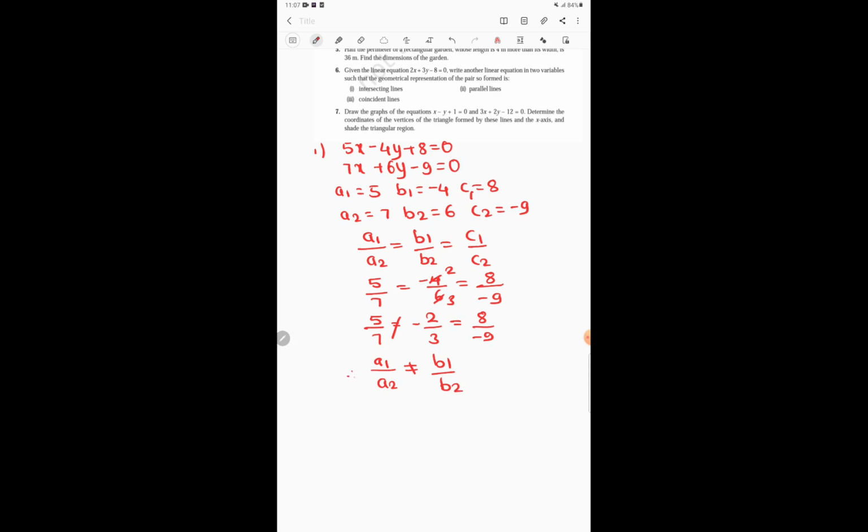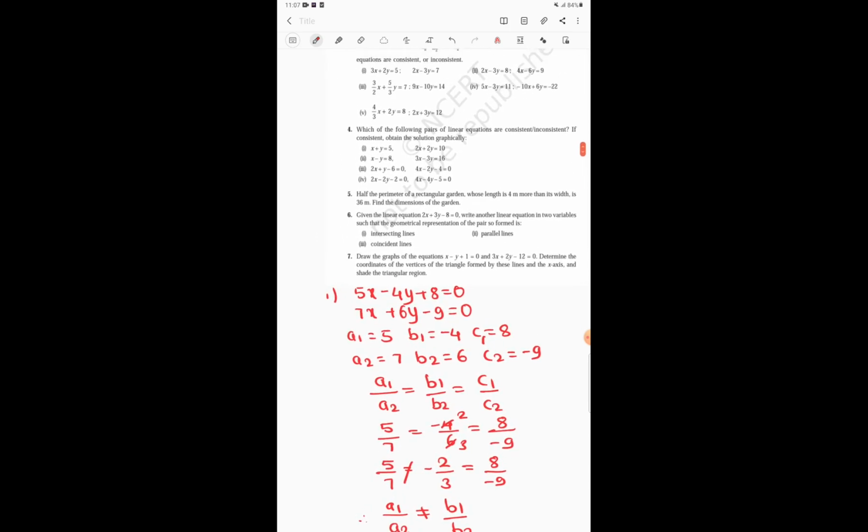I already told you, if the first ratio and second ratio are not equal, we conclude these are intersecting lines. You have to remember it: for intersecting lines, the first ratio and second ratio are not equal.